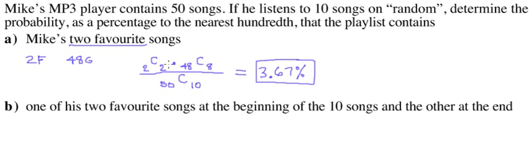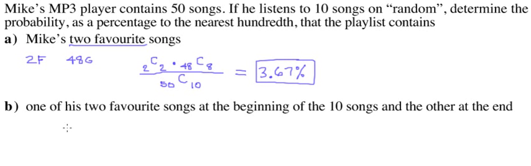For all this, we didn't care about the order because they didn't say anything about the order, so all these were in combinations. Now in part B, things get a little more complex because they talk about the order. One of his favorite songs appears at the beginning of the 10 songs, and then the other one appears at the end.